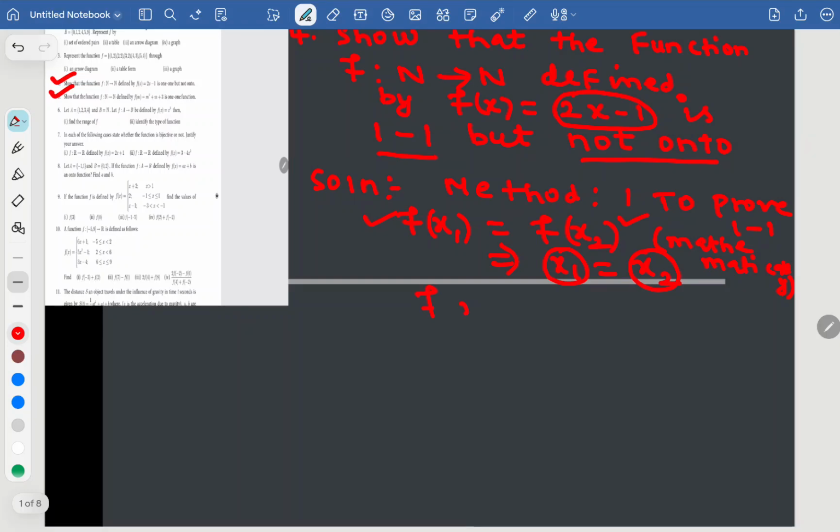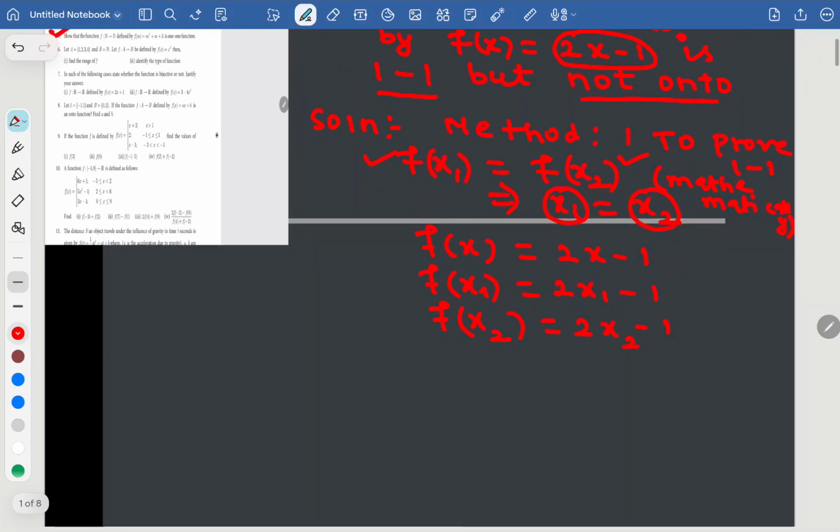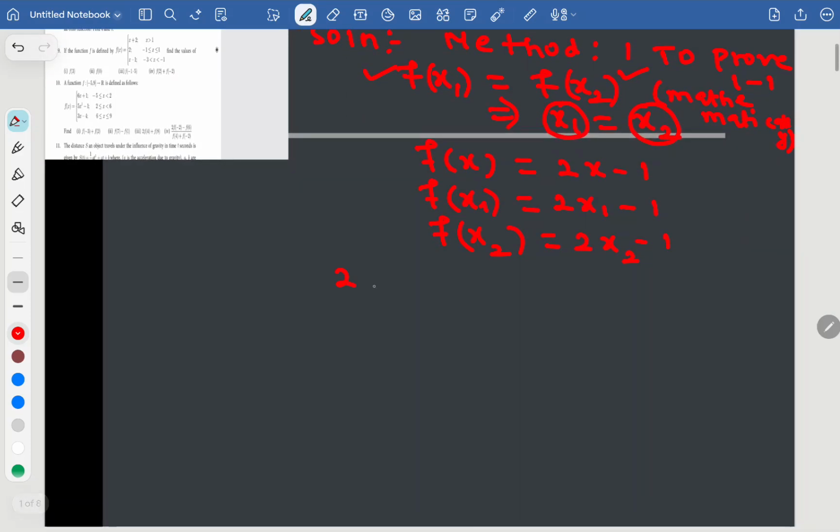What is f of x? 2x minus 1. What is f of x1? 2x1 minus 1. What is f of x2? 2x2 minus 1. F of x1 value 2x1 minus 1 is equal to 2x2 minus 1.